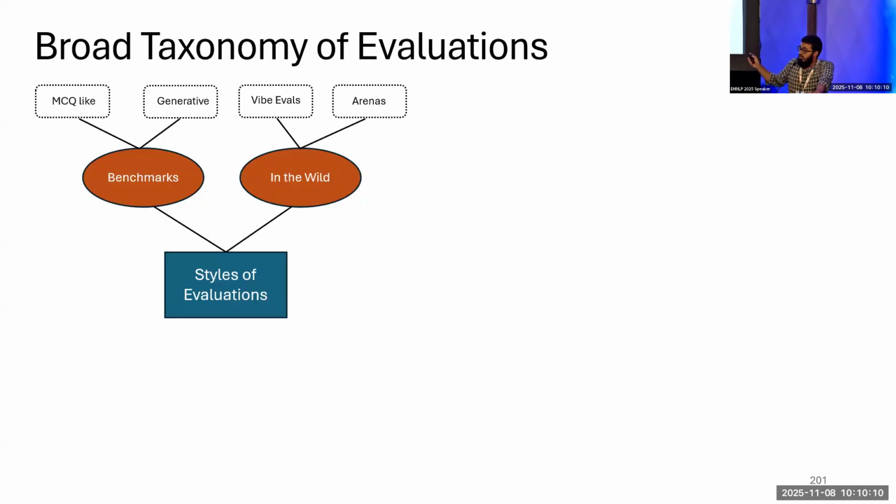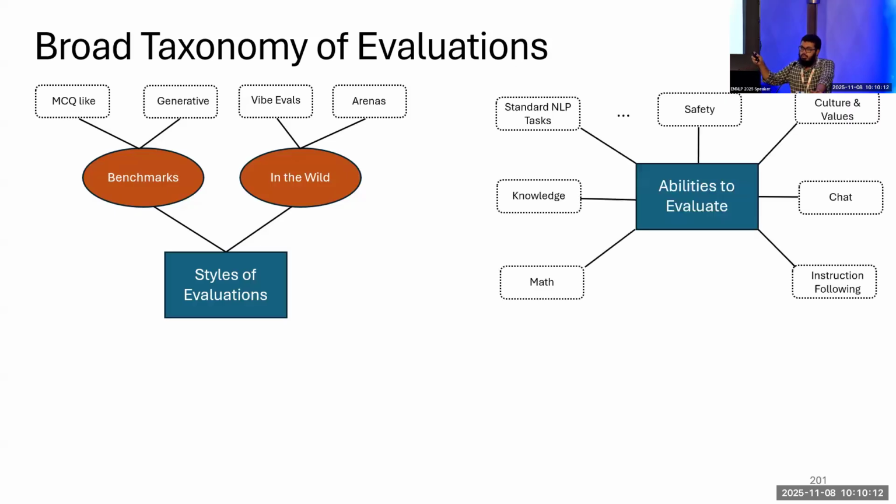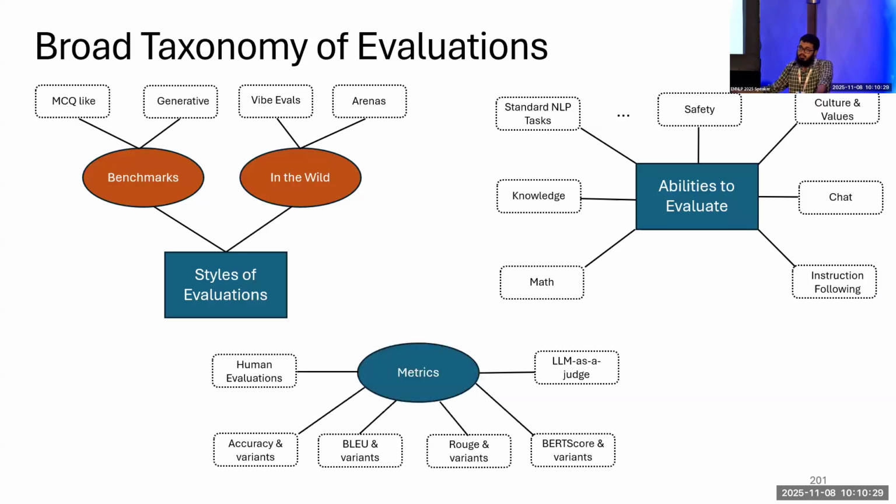And after looking at styles of evaluation, there are a bunch of abilities that we would want to evaluate. You would want the model to perform well on the standard NLP tasks that you have. You would want the model to work well on knowledge tasks, math, reasoning, instruction following, chat, multiple such things are present. And finally, the metrics: gold standard, of course, human evaluations. Then you've got accuracy and variance. You've got BLEU score and variance.